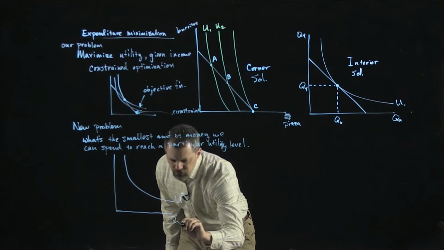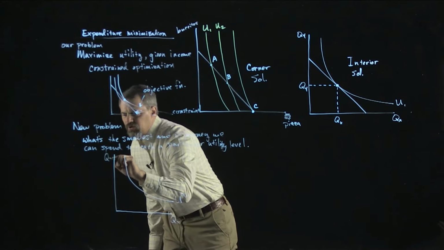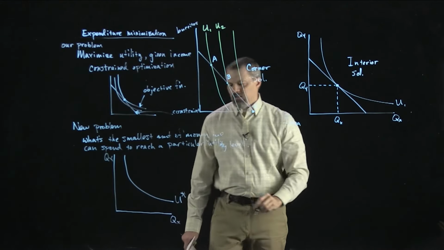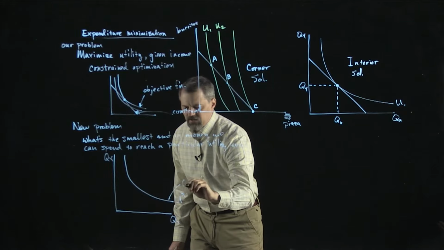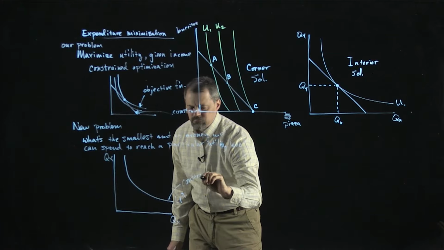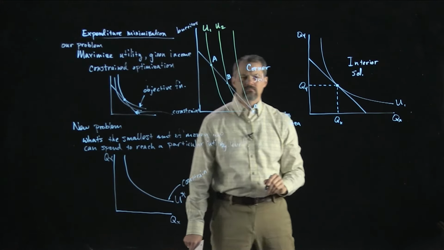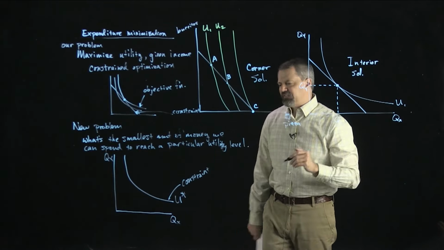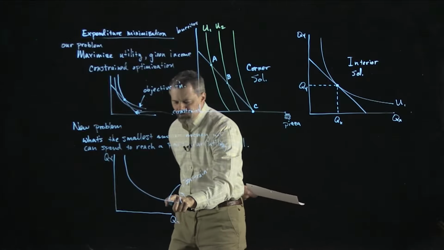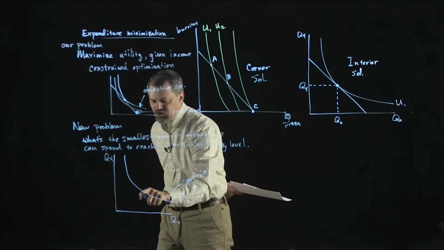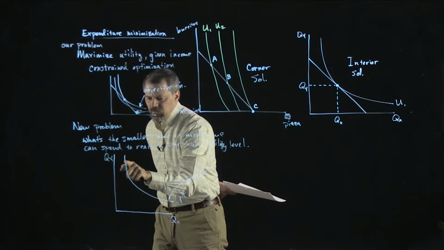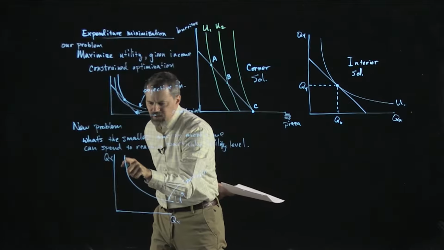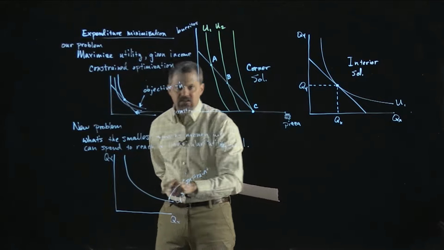Qx, Qy. This becomes our constraint. And what we need to do is figure out which of these bundles on this indifference curve is going to be the cheapest bundle. Is it going to be this bundle, or is it going to be that bundle, or some bundle down in here?